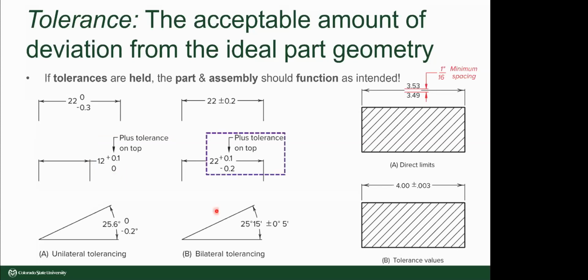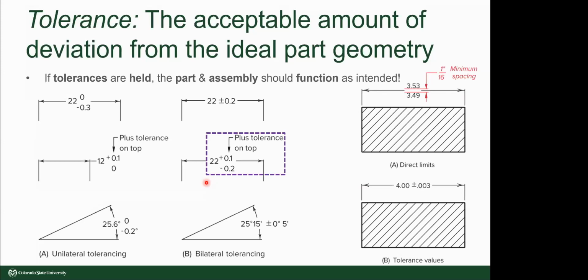There's also bilateral tolerances where we specify an acceptable deviation in both directions. So for this 22 millimeter nominal dimension here, we're saying that we can allow this dimension to grow to 22.1, and we can allow it to shrink to 21.8.